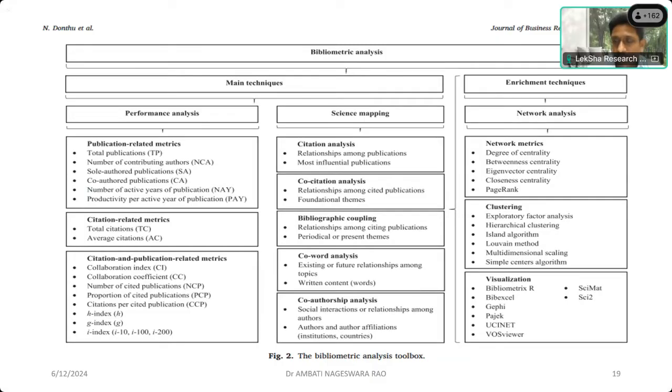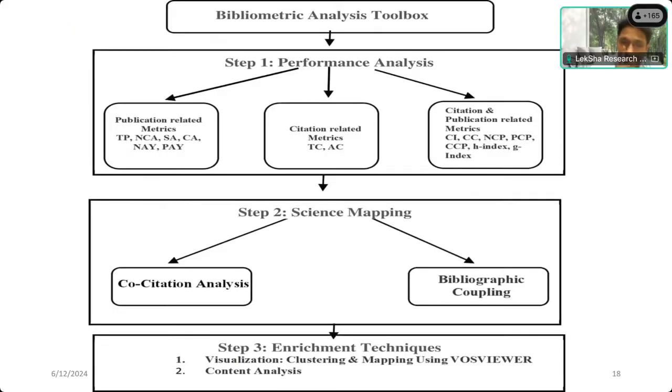At the bottom right side, these are some of the software: Bibliometrix R, that is BiblioShiny; I already mentioned BibExcel; Gephi is another important software, and I can see a lot of papers using Gephi; Pajek is another important software; VOSViewer, SciMAT, I mentioned. So these are some of the data analyses one can carry out using bibliometric analysis, especially VOSViewer.